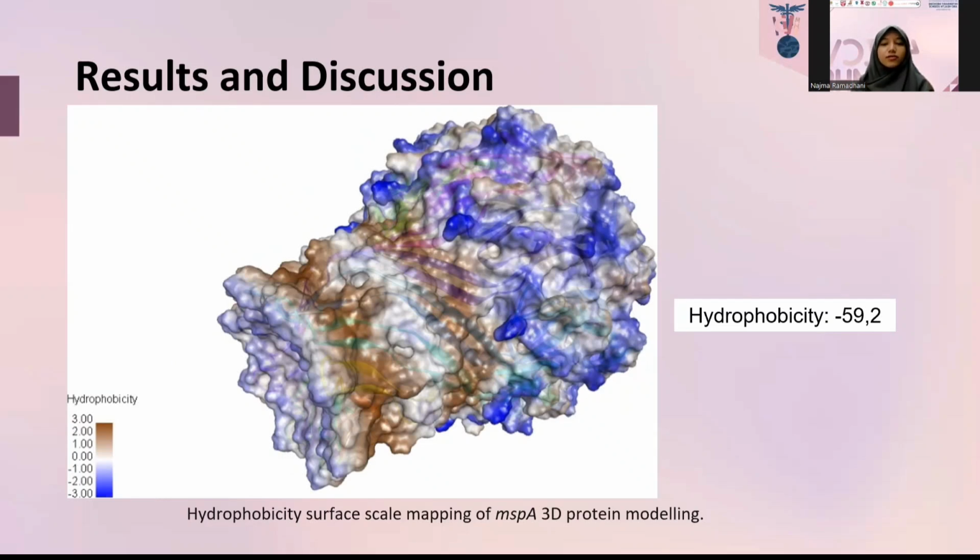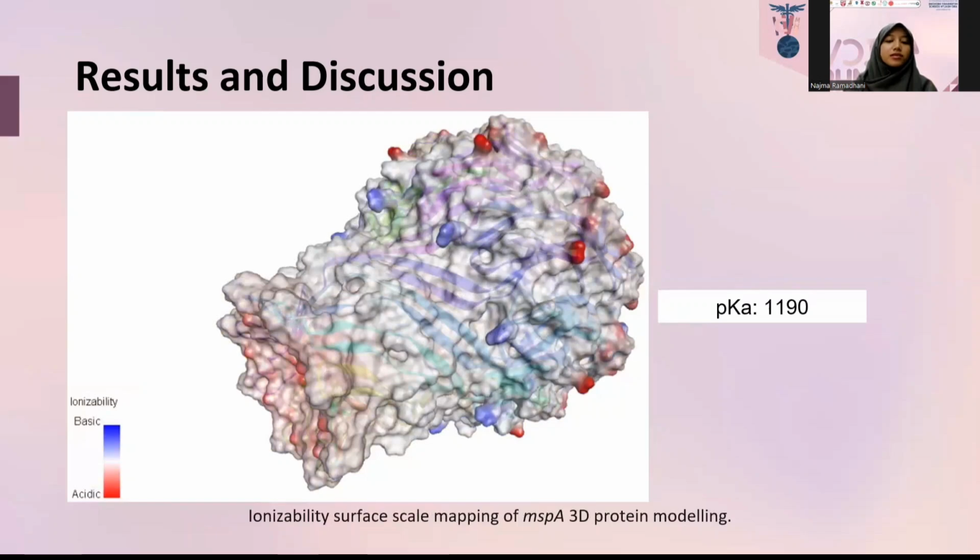Hydrophobicity is crucial for protein stability and is a key in drug interactions with biological membranes. This figure visualizes the ionizability and the pKa value of 1990. The pKa value of ionizable groups impacts protein structure, stability, and functions.